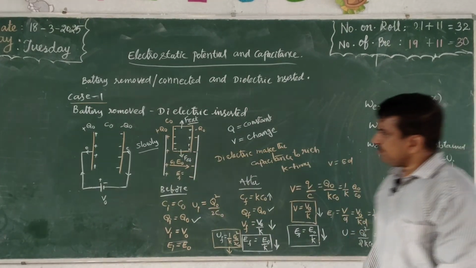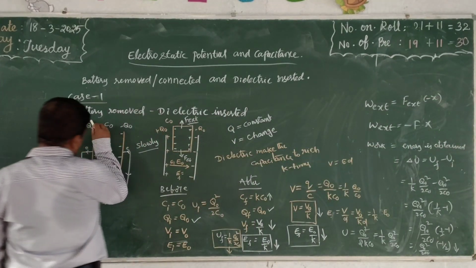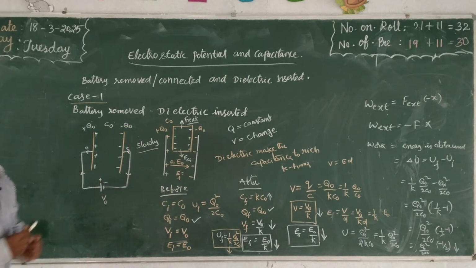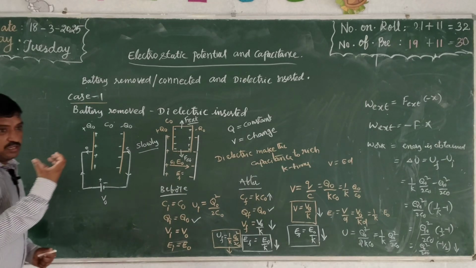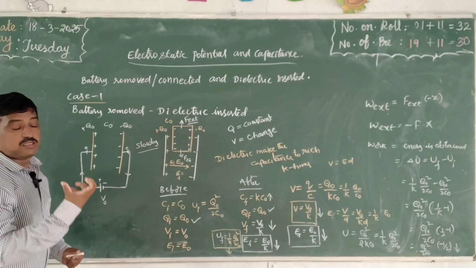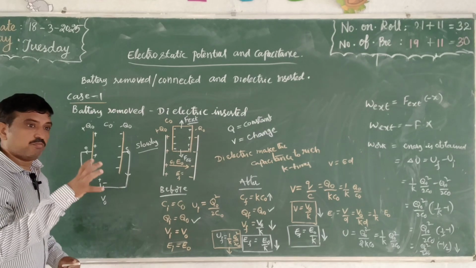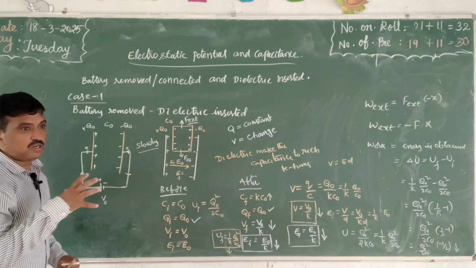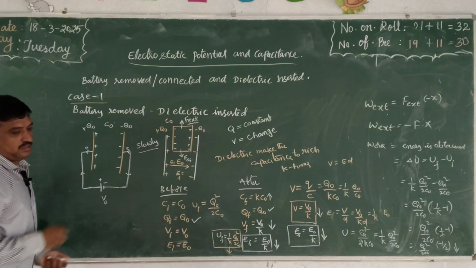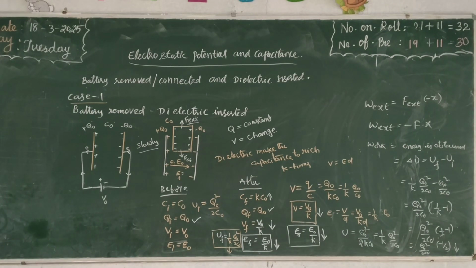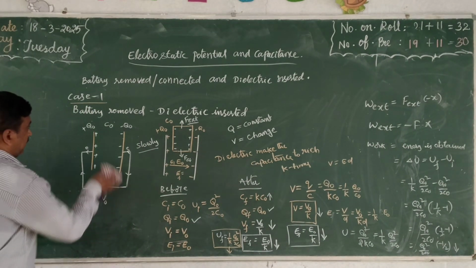So this is the concept when the battery is removed and the dielectric is inserted. Yes? So capacitance increases K times, electric field decreases K times, potential decreases K times, energy decreases K times, but charge remains constant when the battery is removed and the dielectric is inserted. This is the concept involved.